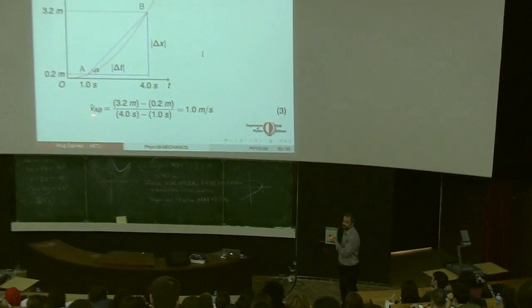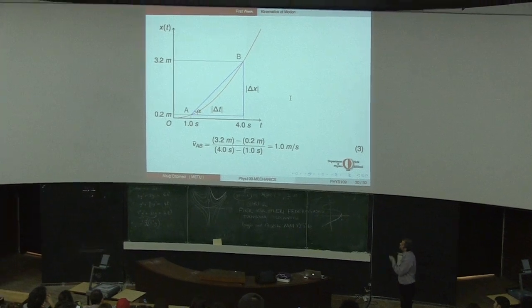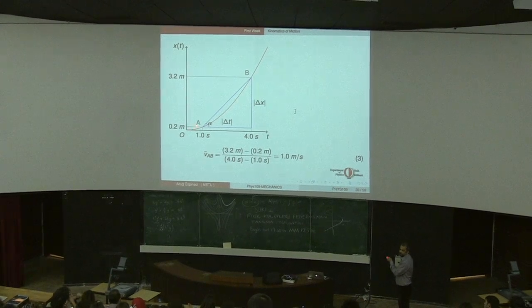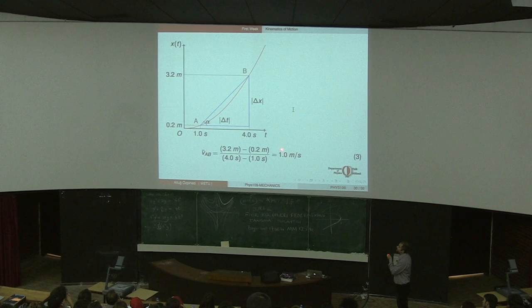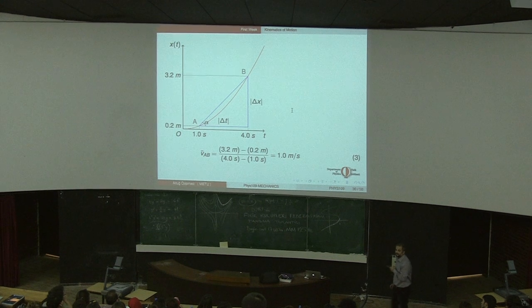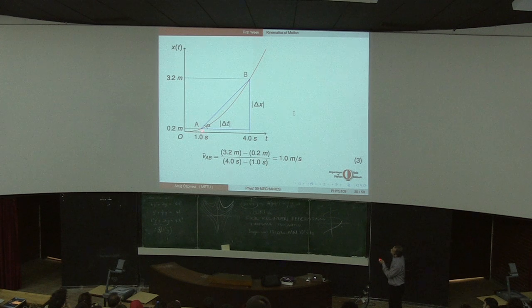I'm not claiming to have knowledge of the average velocity more precise than 0.1 meters per second. Since I don't know the precise position better than 0.1 meter, I cannot measure the velocity more precisely than 0.1 meters per second. This is the average velocity as my object moves from the point A to the point B.